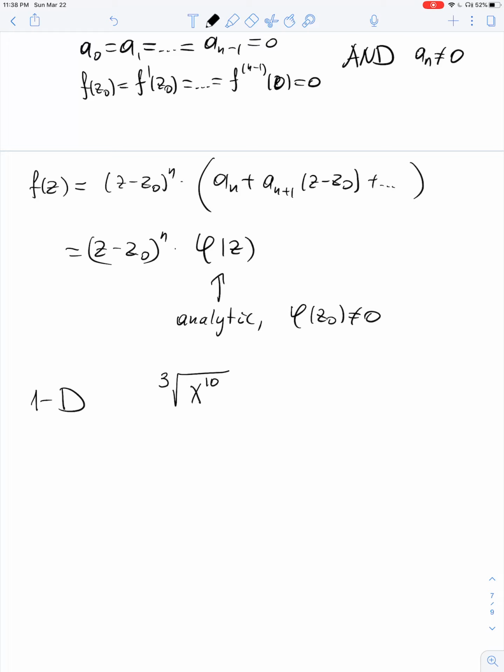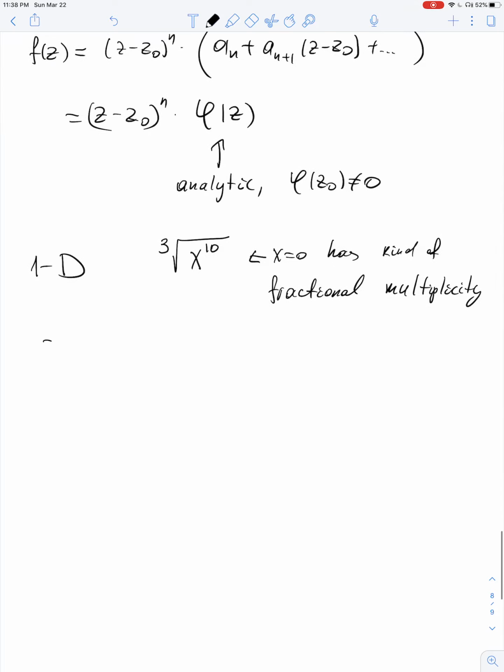If you start differentiating this function, you'll see that at some point x will go to the denominator. So 0 has kind of fractional multiplicity here. But this never happens with complex analytic functions.